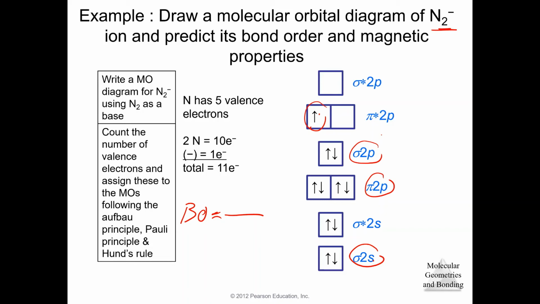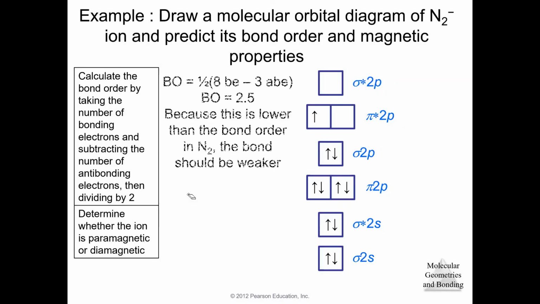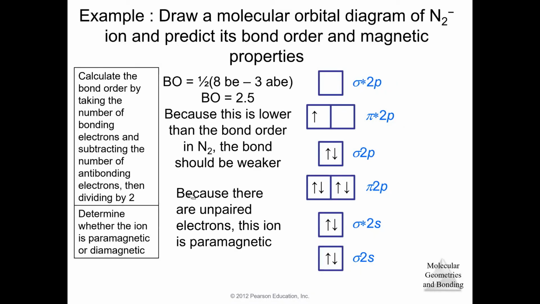You have to count the electrons: 6. And how many antibonding do you see? This has a star and this has a star. When you calculate the bond order, you have to make sure you put this in there. So you get 2.5, right? Is that what you got there? Wait, how did we get 8 for the bonding?